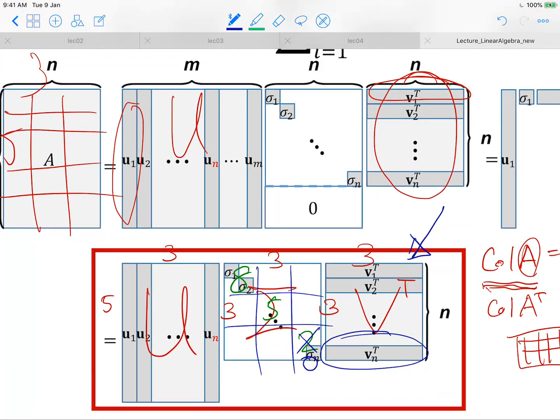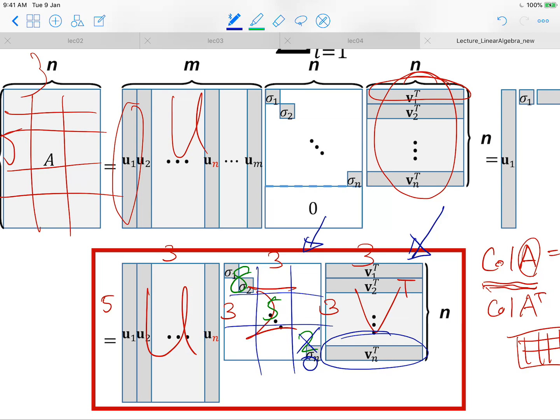So in this case, where we have full rank, it means the number of non-zero singular values is the same as the minimum of m and n. Our matrix is full rank, for example 100 by 50, so we will have 50 non-zero singular values, right?